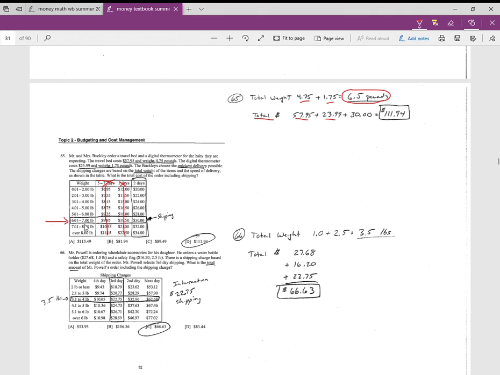We didn't want these 2 choices for delivery, so we go to this one out here, and they intersect at quickest delivery for this weight is $30 shipping, so that's where I get this third amount of money here. So the price of the bed plus the price of the thermometer plus the price of the shipping gives $111.94.